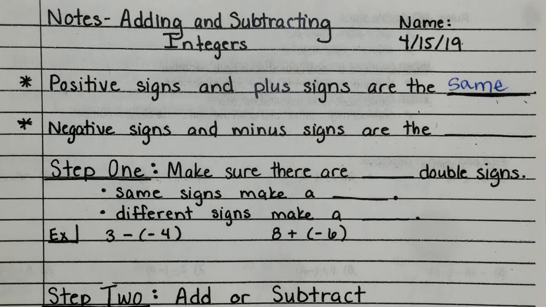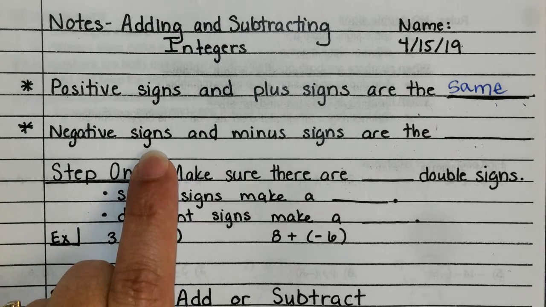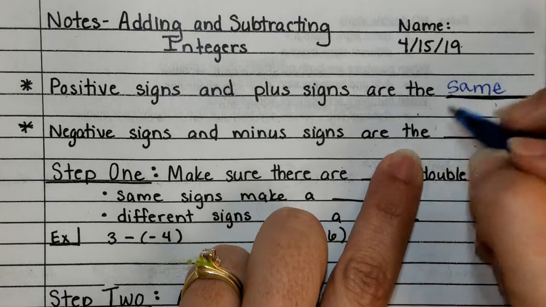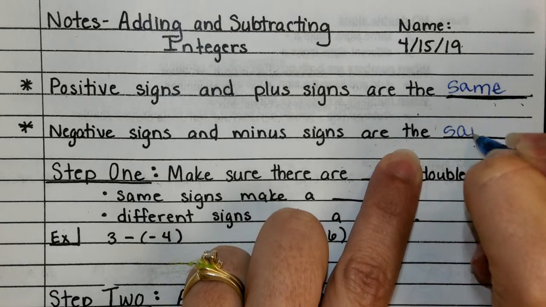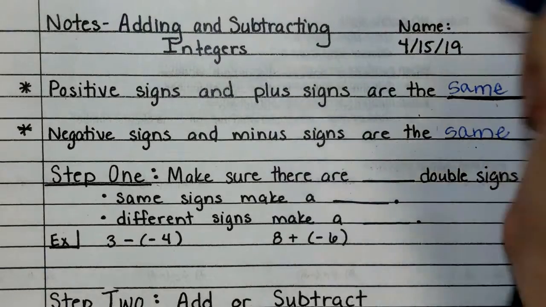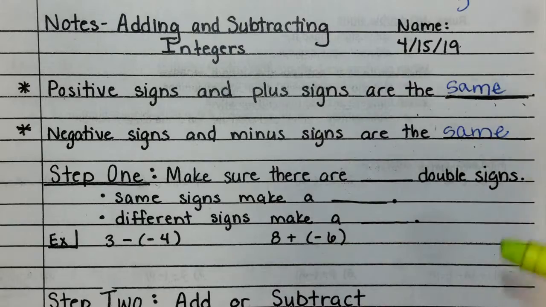We have to start changing our mind from thinking about plus as plus, and think about it as a positive. Okay? Negative signs and minus signs are the same. So if you see a negative or you see a minus, they mean the same thing.